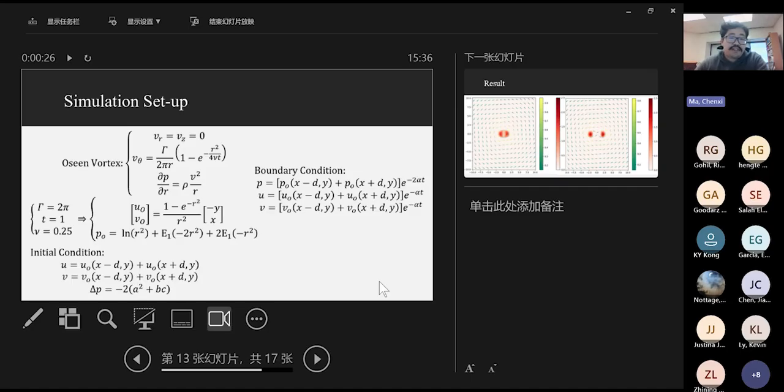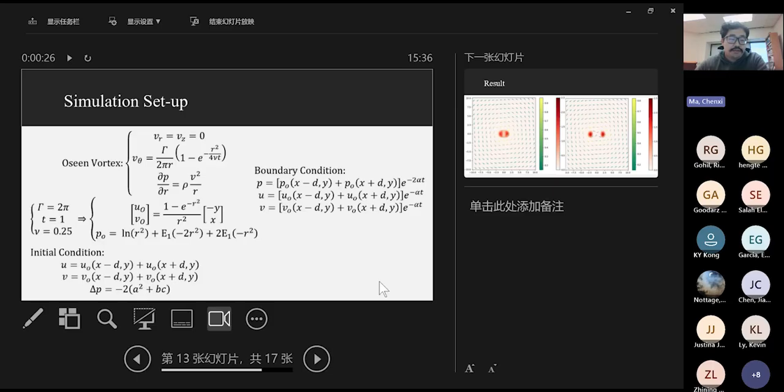For the pressure, partial p over partial r equals the density rho times v squared over r. Now let's pick gamma equals 2 pi, t equals 1, and nu equals 0.25. And we can get the formula for the Lamb-Oseen vortex for u and v.